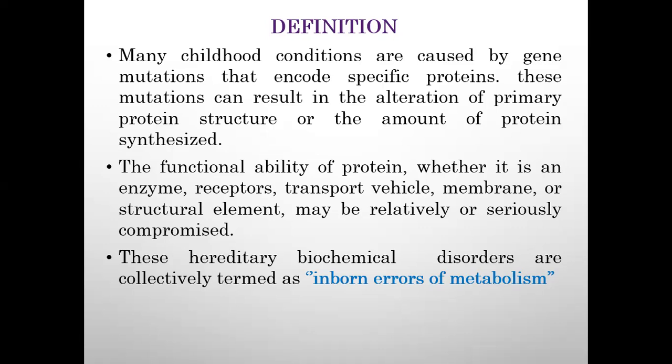So if there is a defect or mutation in the gene that is supposed to produce a particular protein, supposed to function maybe as an enzyme to catalyze a particular reaction in the body, and the protein is not produced, it means that the reaction will not occur. So the action or work of that protein is not there at the end of the day, and it generally causes disease conditions. This is what we term hereditary biochemical disorders, which are called inborn errors of metabolism.